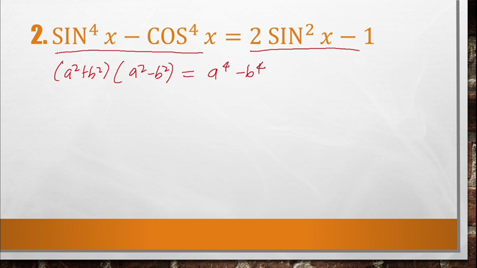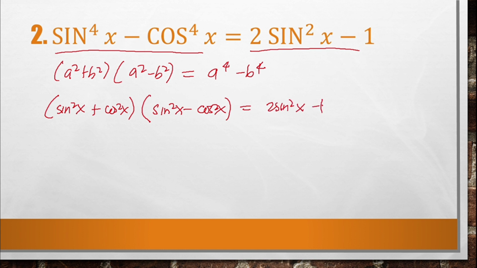Okay, so since this is a factor, so we have here sine squared x plus cos squared x times sine squared x minus cos squared x is equal to 2 sine squared x minus 1.